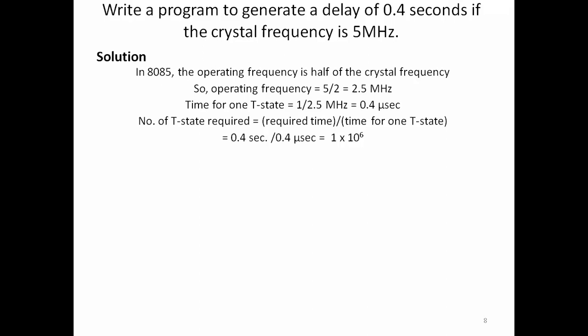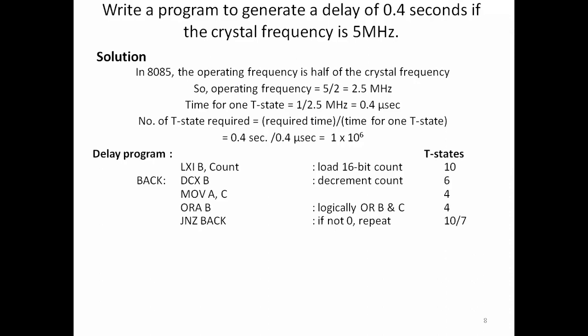That is equal to 1 into 10 to the power 6. It means we have to write a program which will consume 1 into 10 to the power 6 T states.